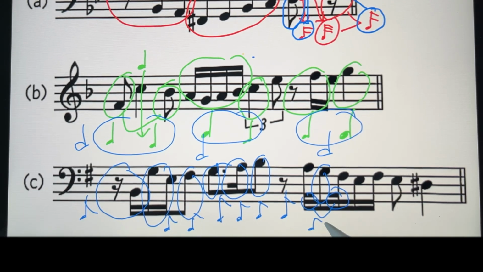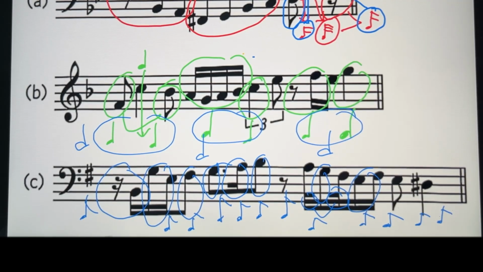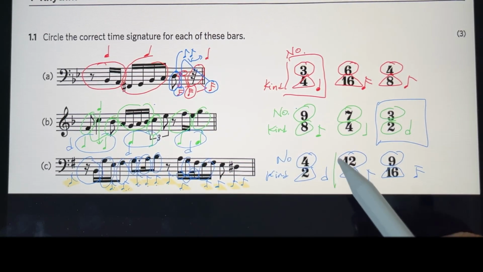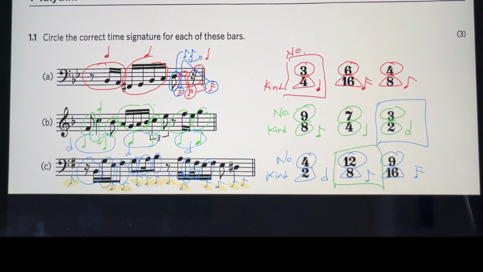This is 1 quaver, 1 quaver, 1 quaver, 1 quaver, 1 quaver. Realize this is in groups of 3, so we can start to think this is compound time. We have 1 2 3 4 5 6 7 8 9 10 11 12. So the answer will be 12/8, 12 quavers.